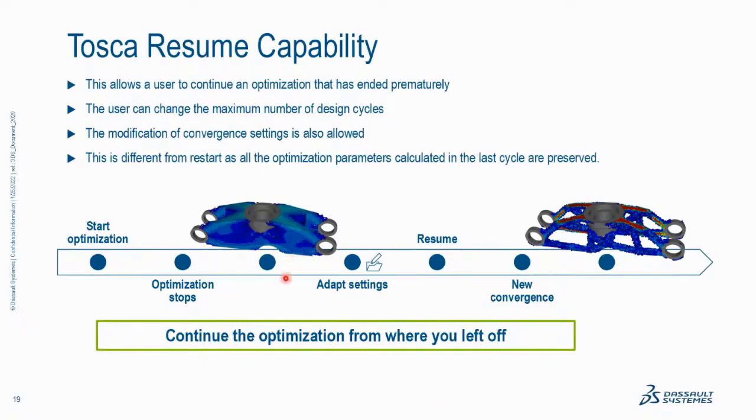So now we can go in and change the convergence criteria, and we can run the optimization again from this point on, instead of having to run it from the beginning like before. And then we can adapt the settings, resume the job and get a proper design out of it. So this saves time and effort, and in general, it makes the software user-friendly for us.